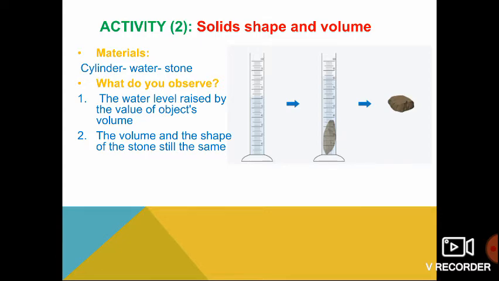The volume and shape of the stone stay the same. When we take the stone out of the water, it will have the same volume and shape. It will not change. So our conclusion is that solids have definite shape and volume.